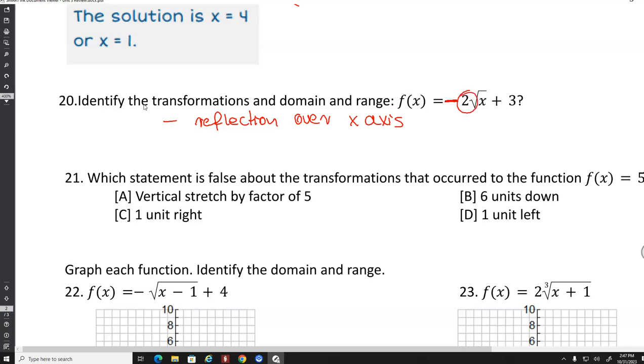The 2 would be our stretch. It's actually a vertical stretch by 2, to be correct. Now there's nothing underneath the radical other than x, but I got this plus 3 on the side, and that is a shift up by 3.